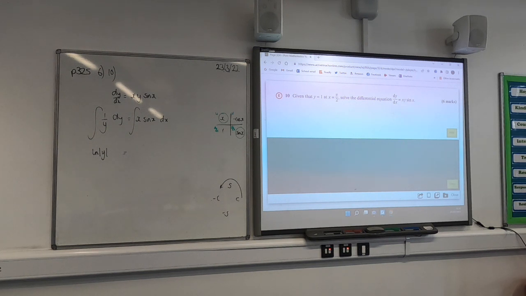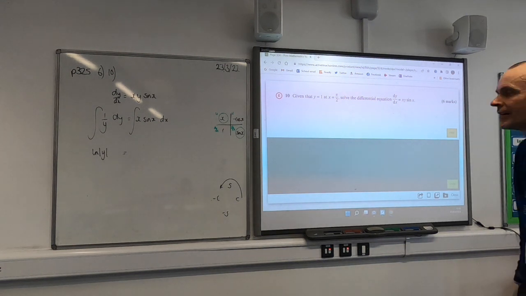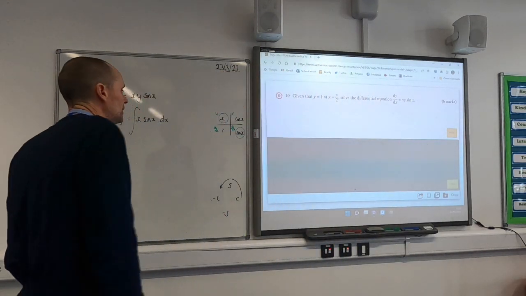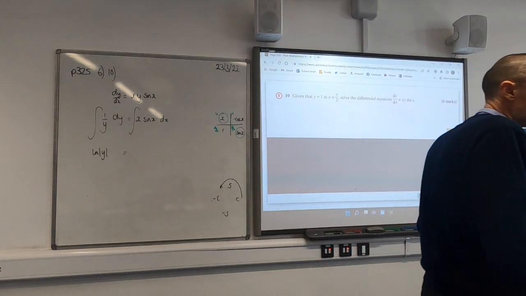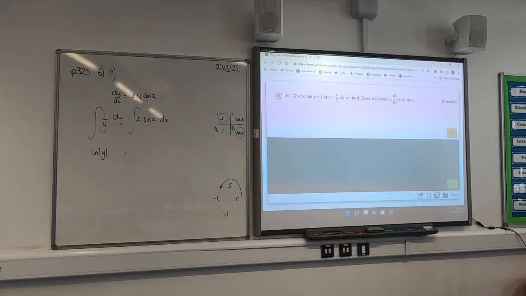But I'll leave that with you. Integration by parts is on page 7 in the formula book, so you don't need to remember it, you just need to remember where in the windows you put things.